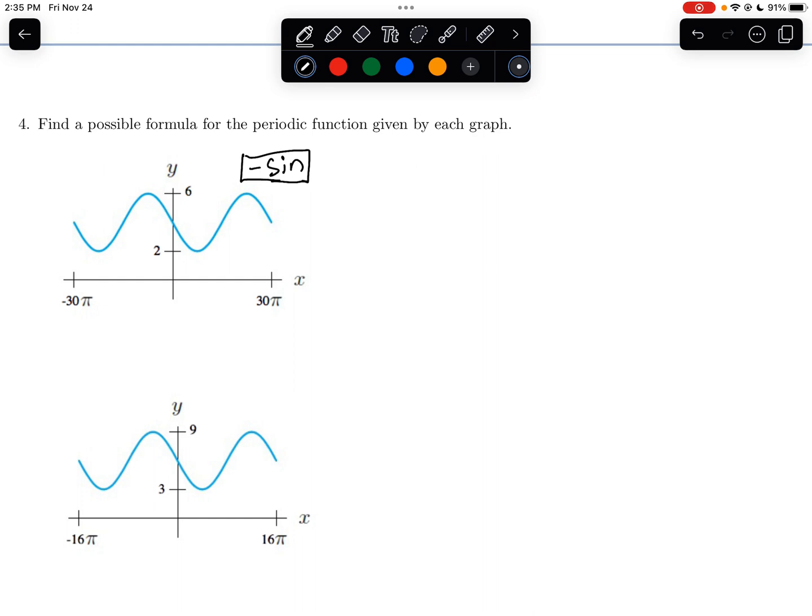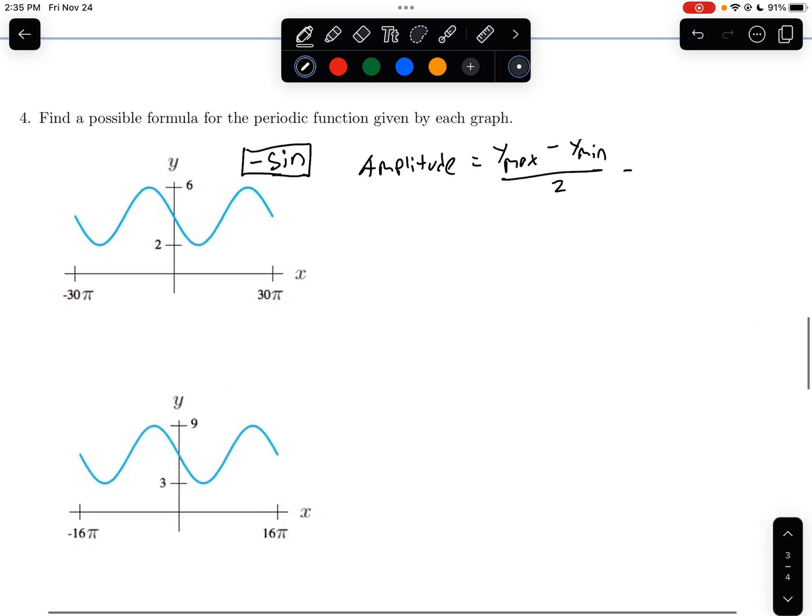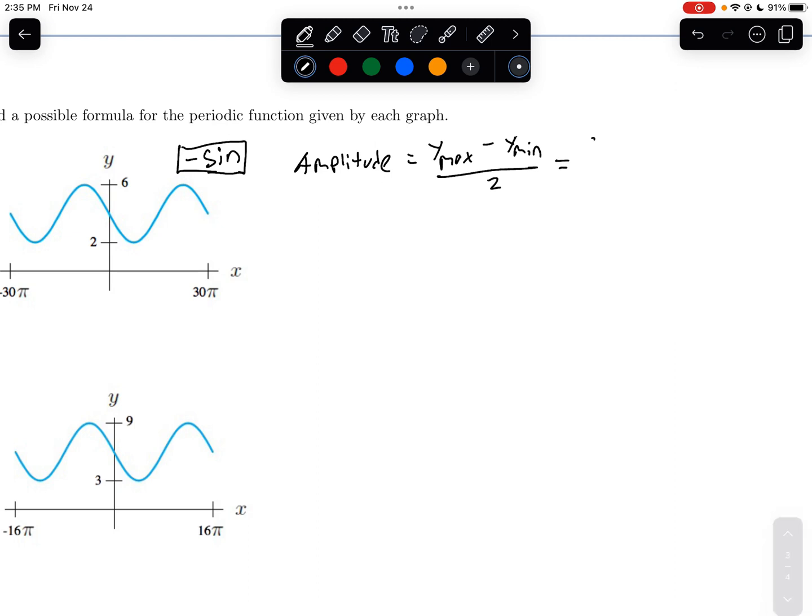So the amplitude here is the max minus the min divided by 2. The maximum value is clearly 6, the minimum is 2, divided by 2, that's 2.